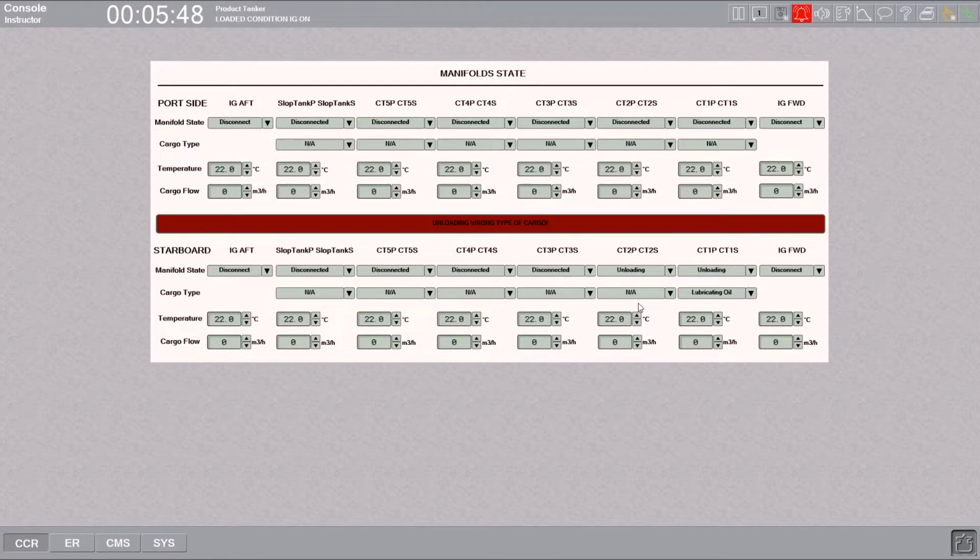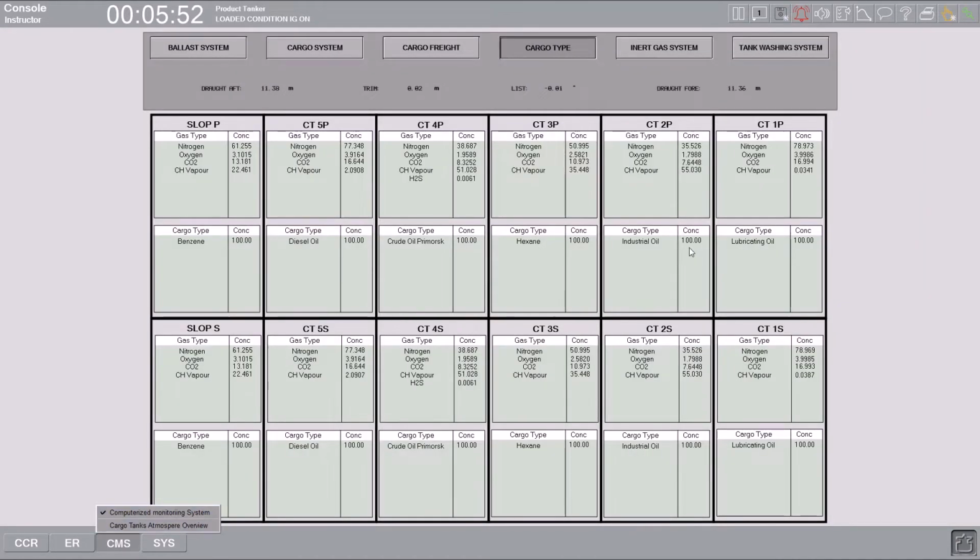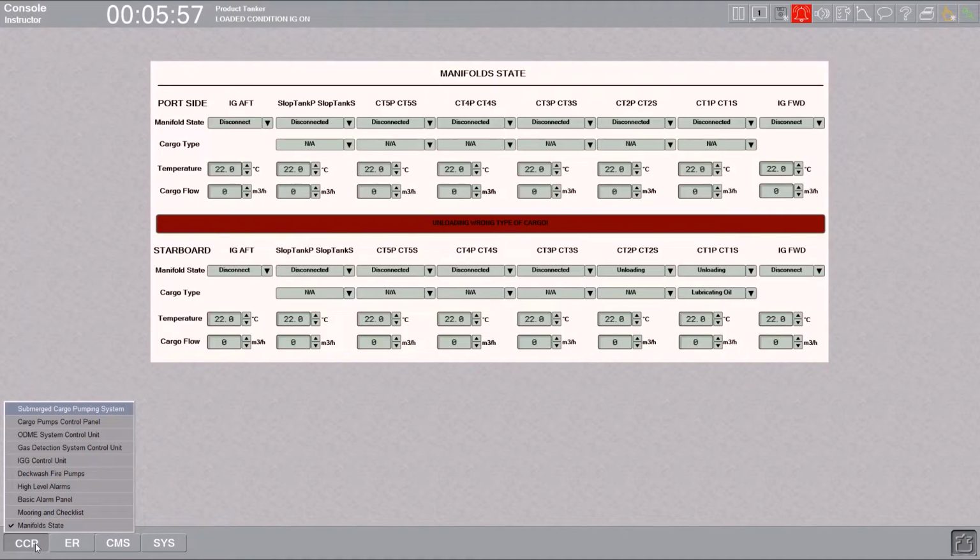Unloading the second line. Verify what cargo is loaded in the second line. It's industrial oil.